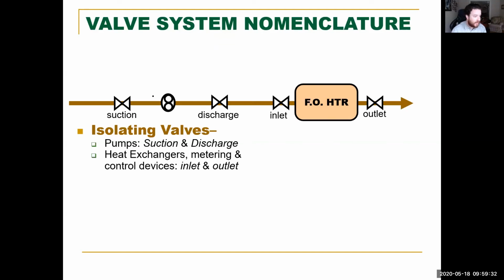They are isolating a piece of equipment. This inlet and this outlet are only inlet and outlet in relation to the fuel oil heater. And this suction and this discharge are only suction and discharge in relation to this pump.